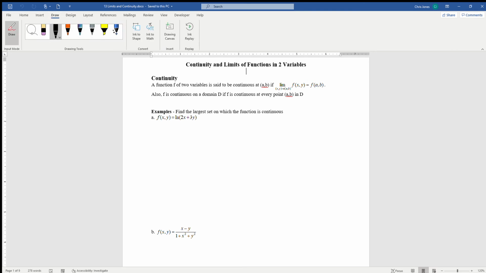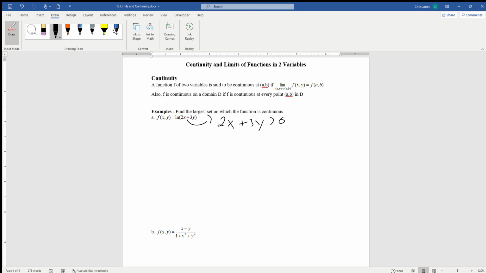So we have f(x, y) equals ln(2x + 3y). Now remember, we said earlier in the previous video that with any natural log function, the interior, the composed function, has to be greater than 0. So in this case, 2x + 3y had better be greater than 0.